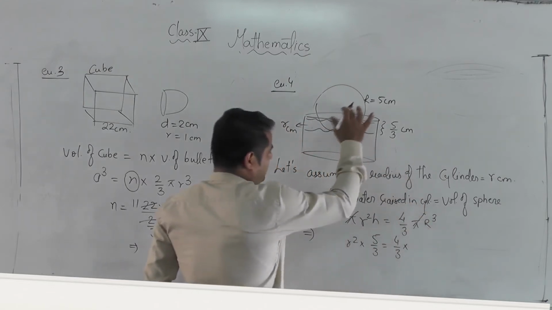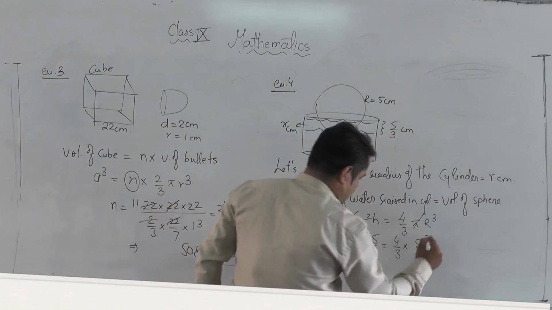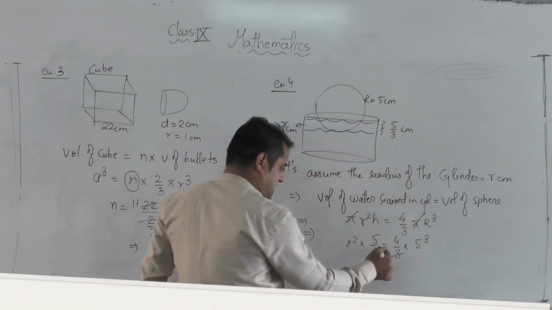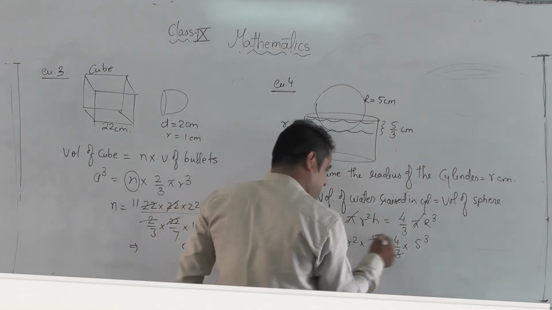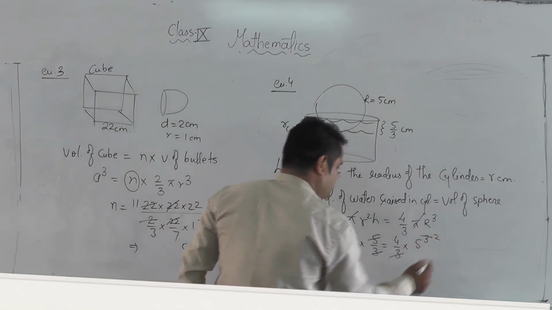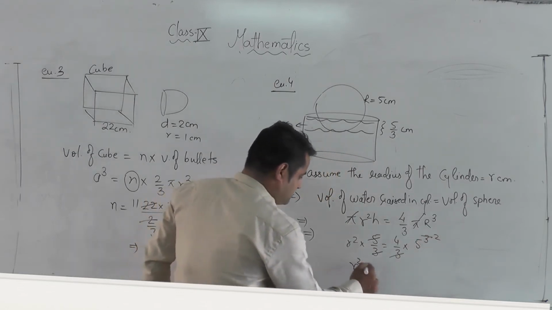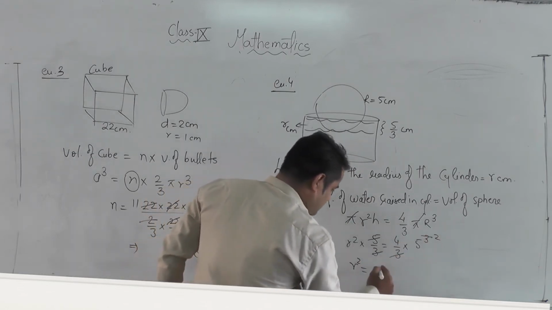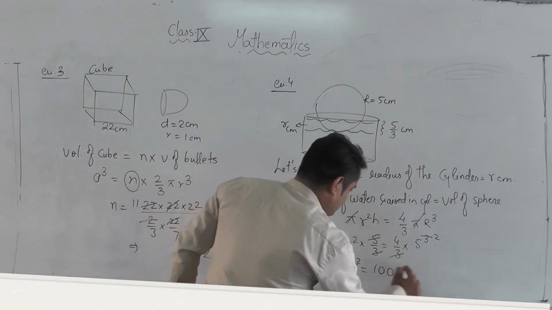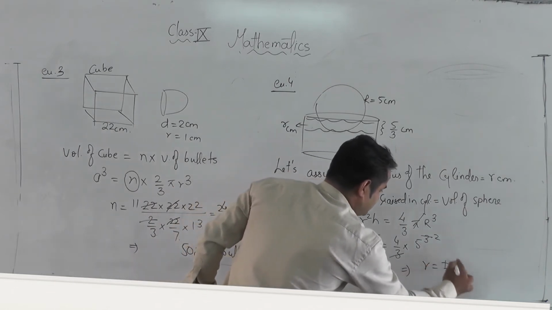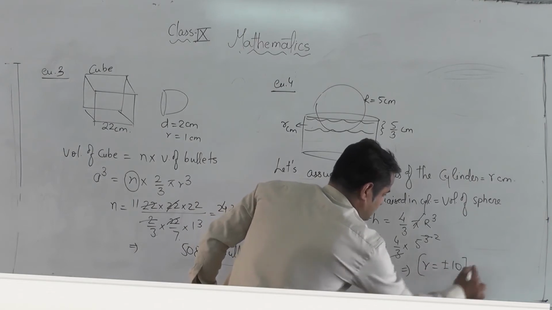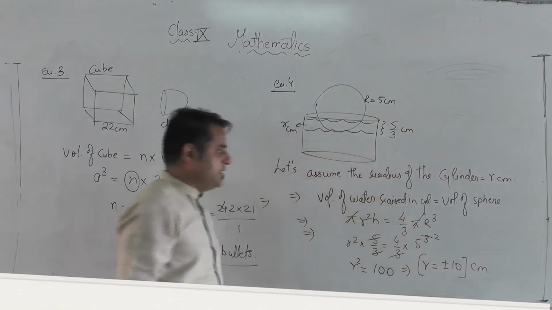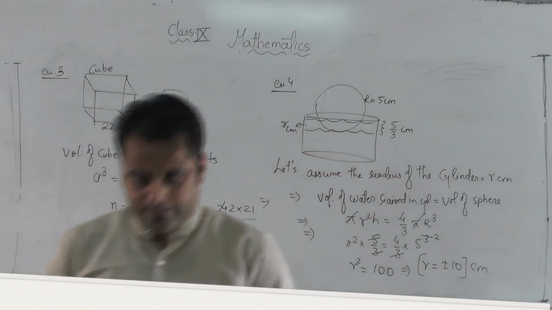R cube means the radius of the cylinder is 5. So that 3 will get cancelled with this 3 and 1 5 will cancel with this 5. So r square will be remaining. R square comes 4 and 5 square is 25, to the 100. Means r will come as 10 cm. This will be the radius of the cylinder.